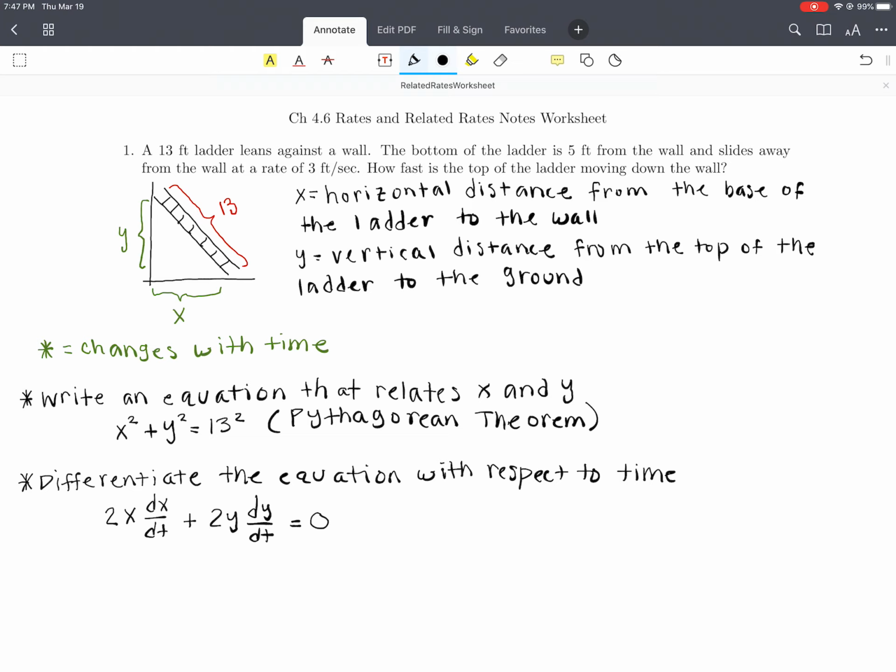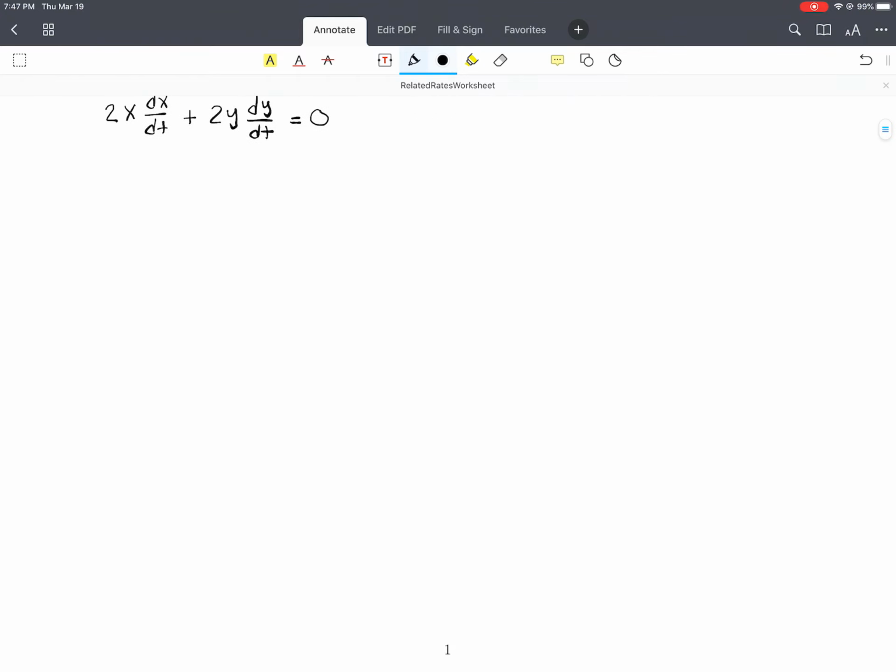So, next step, stop and ask: what do we know and what do we want to know? We know that x is equal to 5 because the ladder starts 5 feet away from the wall.